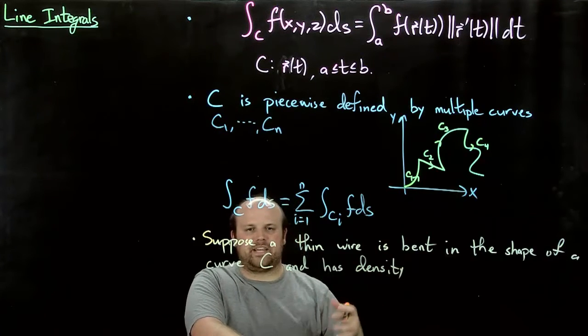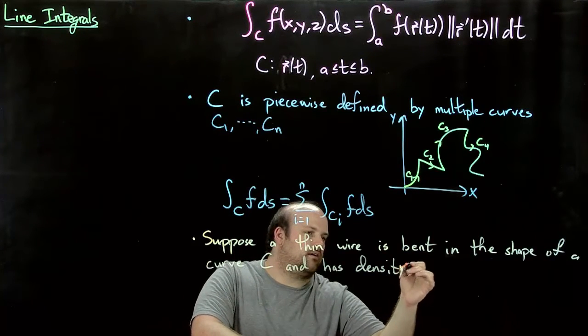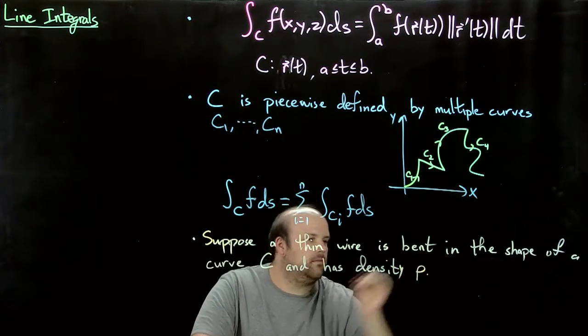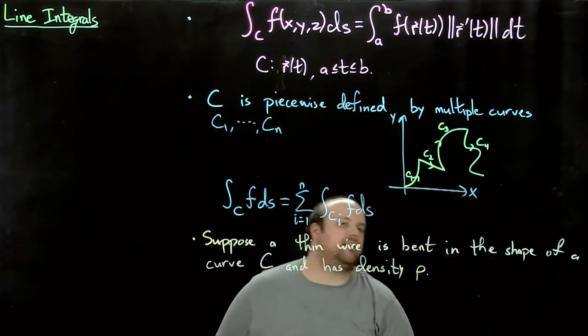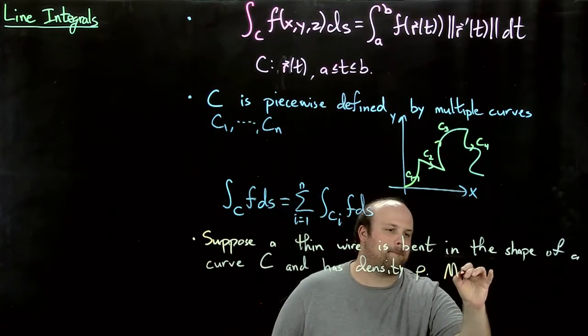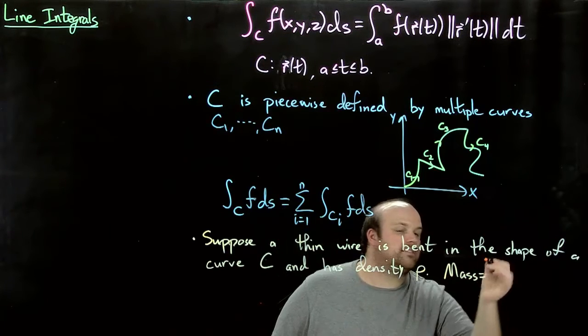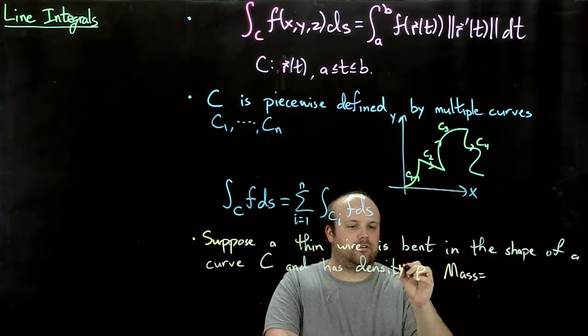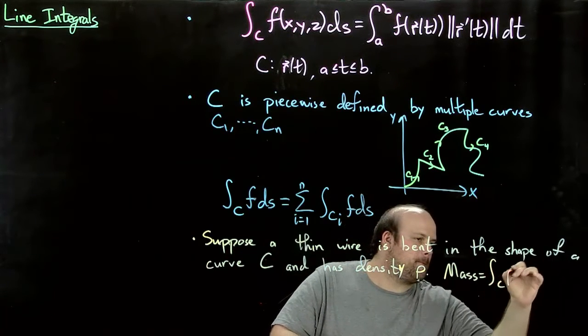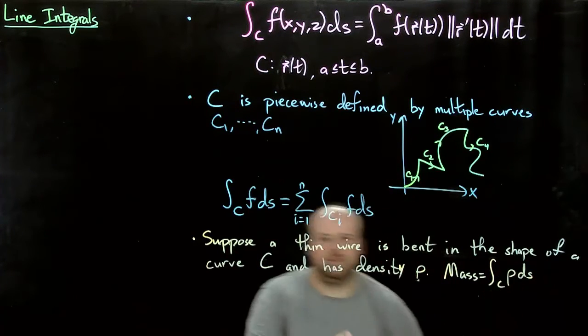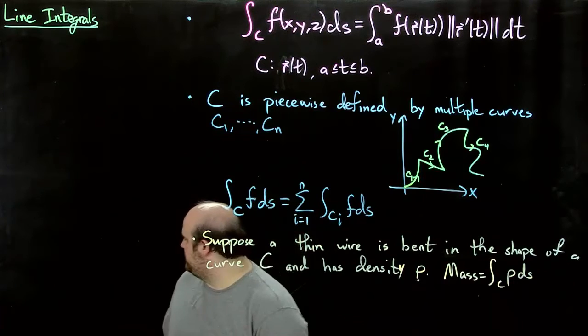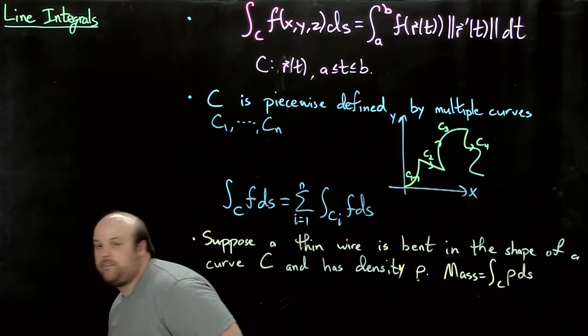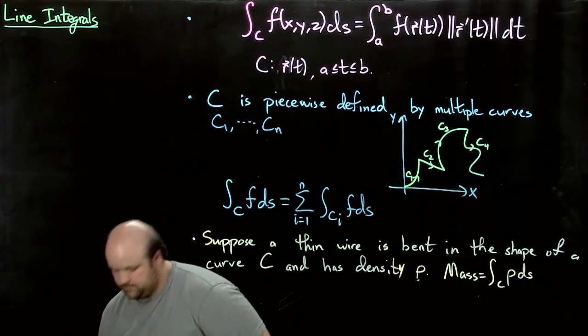So this is like a linear density, rho. Okay? Then the mass is given by just doing the line integral of the density along the curve.